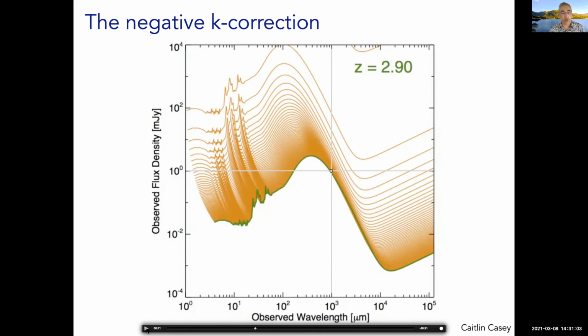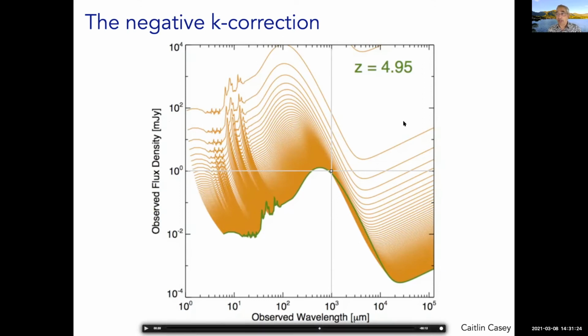As you continue to go, it remains the same after 3 or 4, or even about 5 or so. So this is called negative K correction, which comes from the infrared terminology, but it's incredibly strong at 1 millimeter.